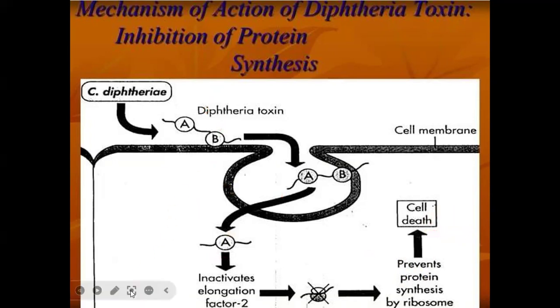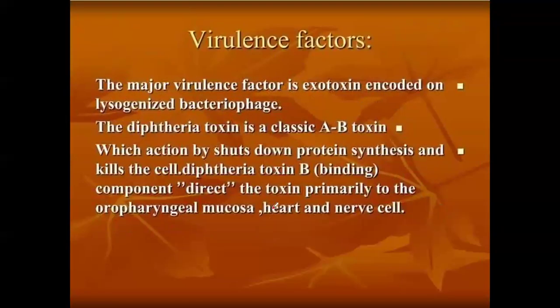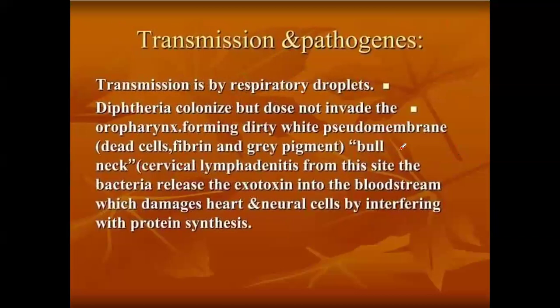Okay? So the mechanism of action is, what is that I drew for you? It inhibits protein synthesis by inactivation of elongation factor 2. We call it ADP ribosylation of elongation factor 2. Okay? Have you seen? This is what this theory is saying.